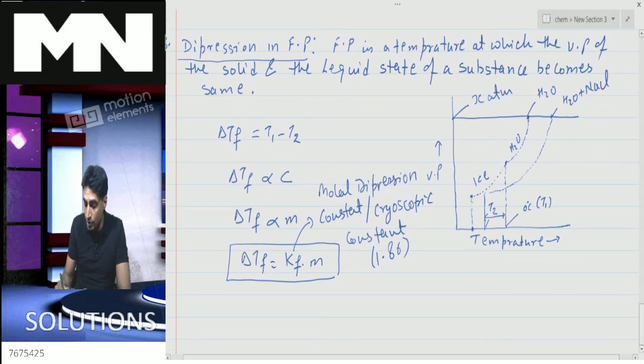If we write this formula in the expanded form, we can write delta TF is equal to Kf into weight of solute upon molar mass of solute into 1000 upon weight of solvent.